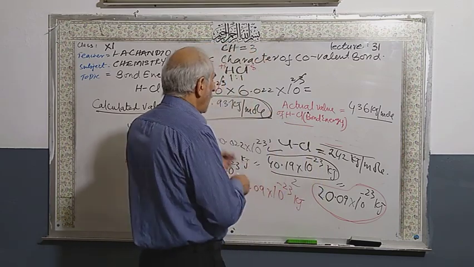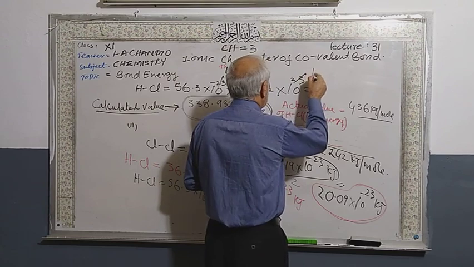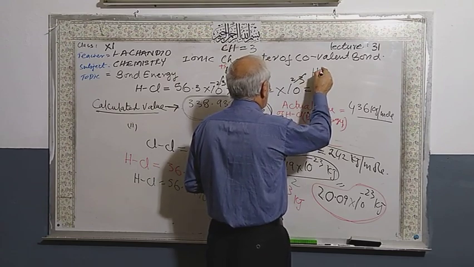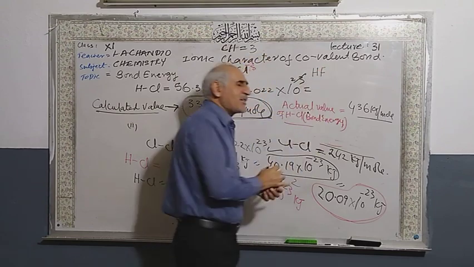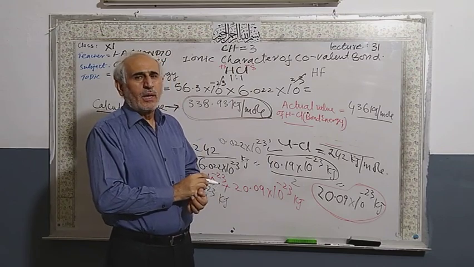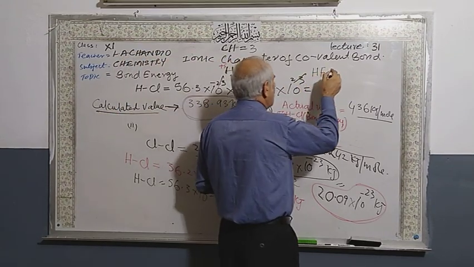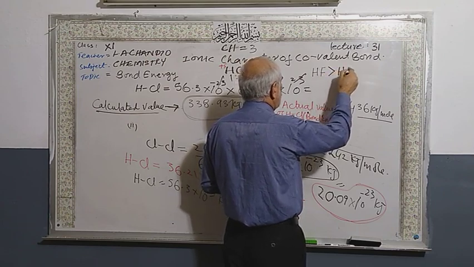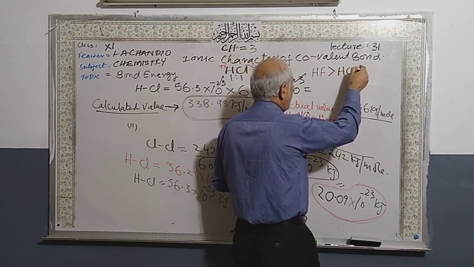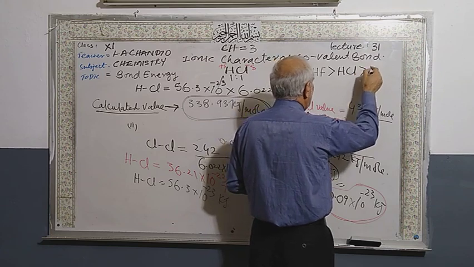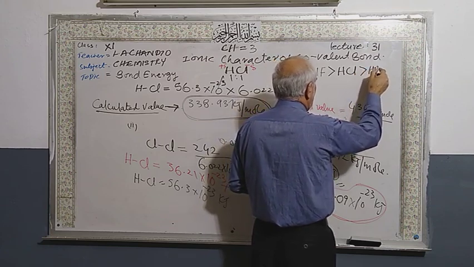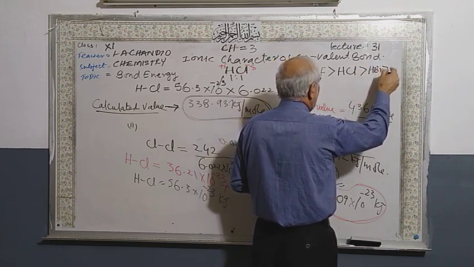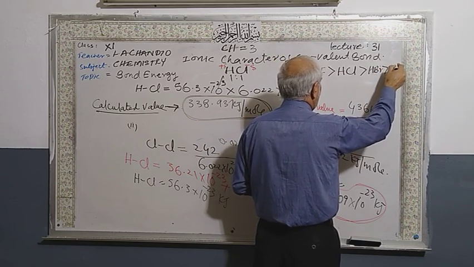That's why hydrogen fluoride has the highest ionic character. So it is greater than hydrogen chloride, greater than hydrogen bromide, greater than hydrogen iodide.